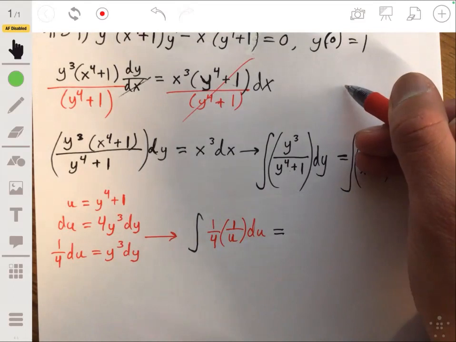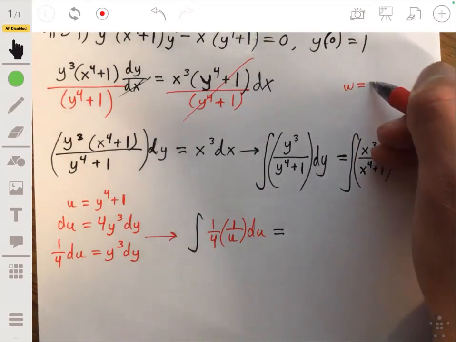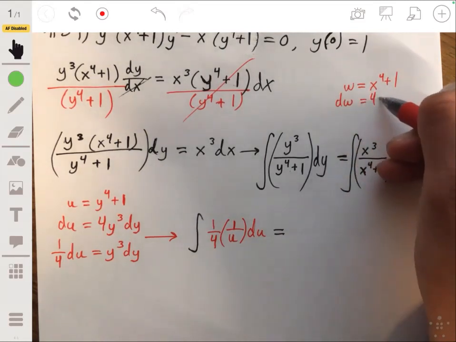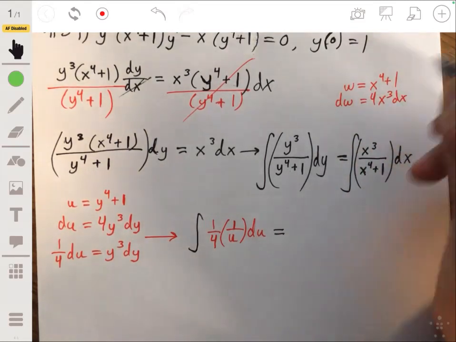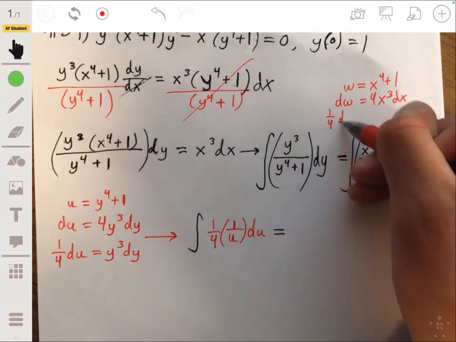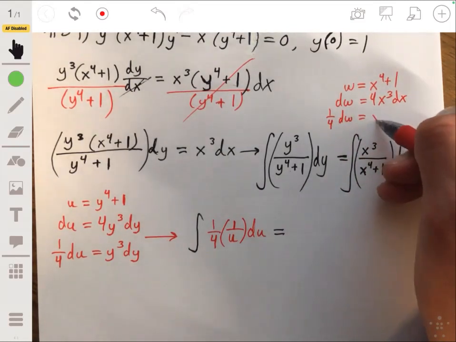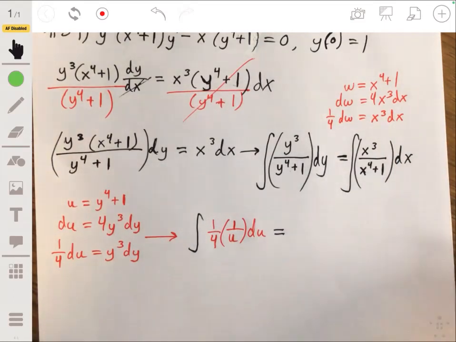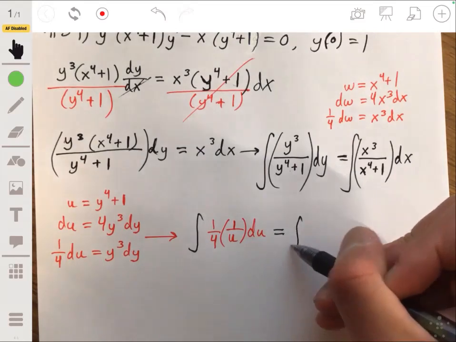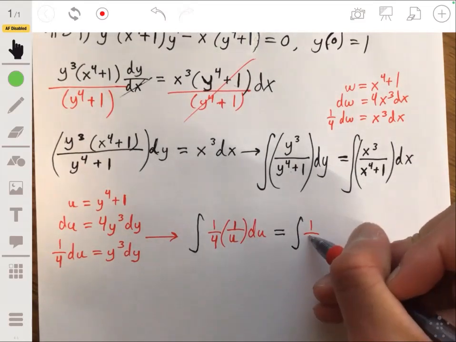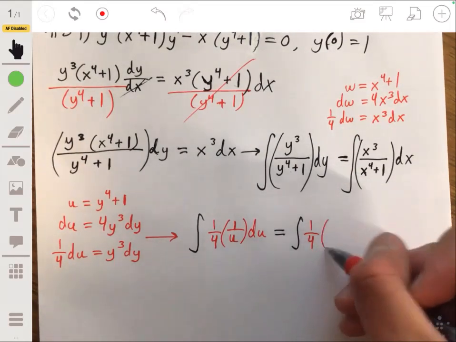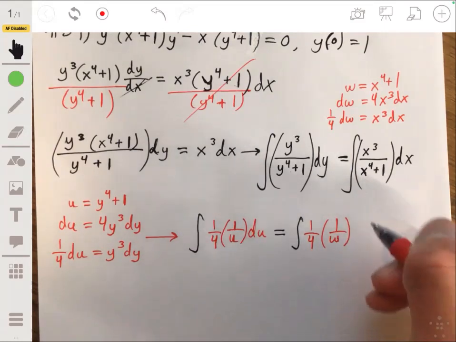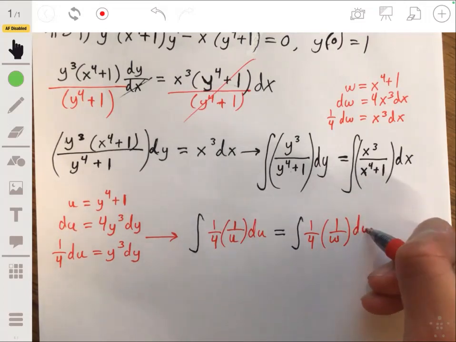We'll call it a w. w will be x to the fourth plus 1, and then dw will be 4x cubed dx, and then 1/4 dw will be x cubed dx. And so on the right side, we'll have 1/4 times 1 over w dw.